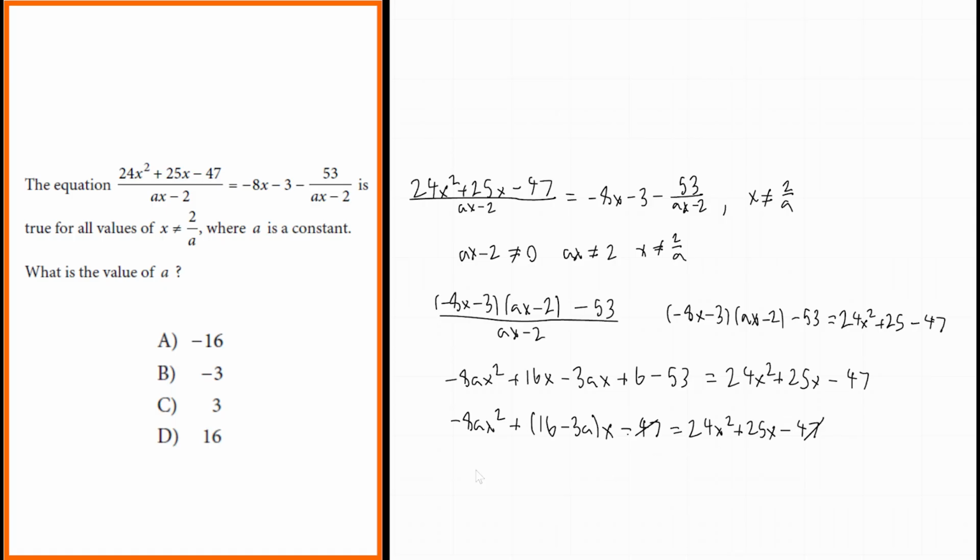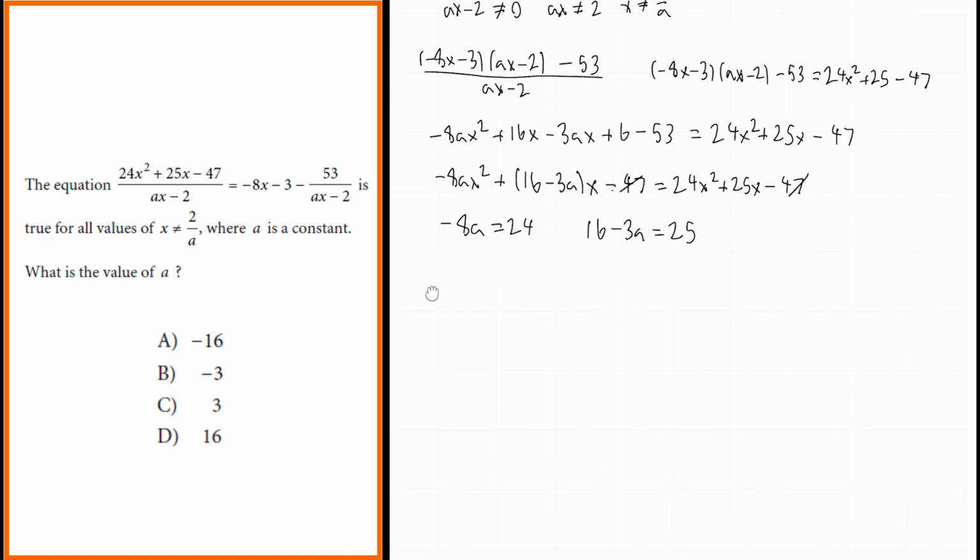So what we need to find is what value of a is going to make negative 8a equal 24, and is going to make 16 minus 3a equal 25. And we can solve these pretty straightforwardly.